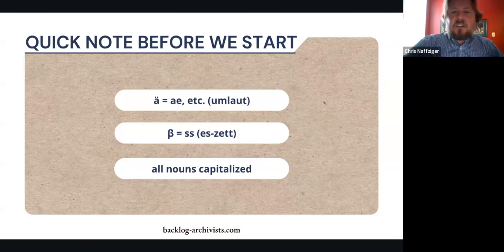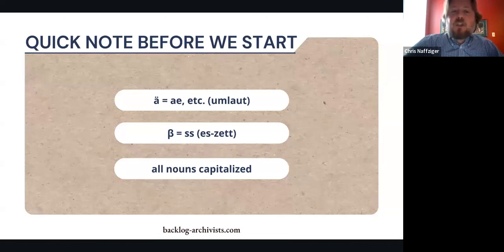The first is what's known as an umlaut. And those are those two dots over vowels. And what those are from a phonetic standpoint is the equivalent of it following with an E. And what's very important to realize is that sometimes you'll actually see in script or in type font, the E written out.